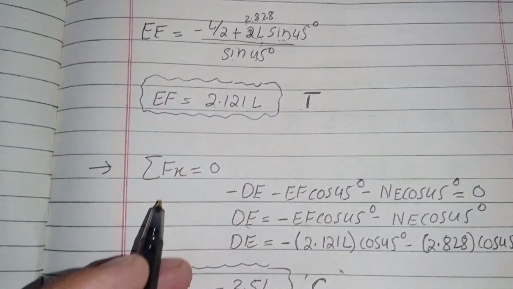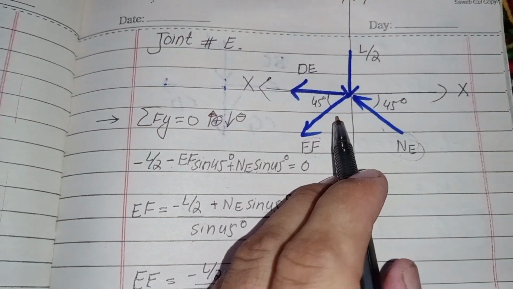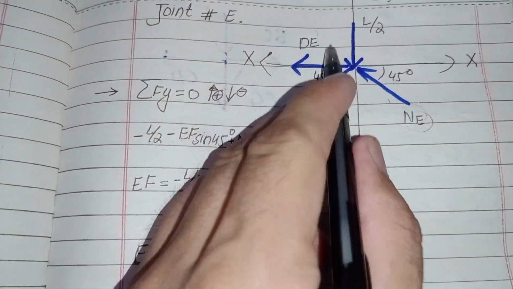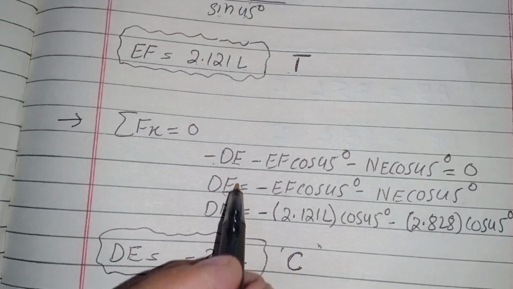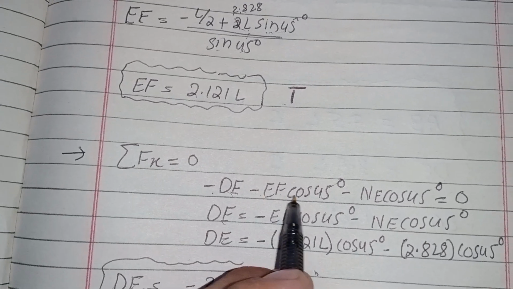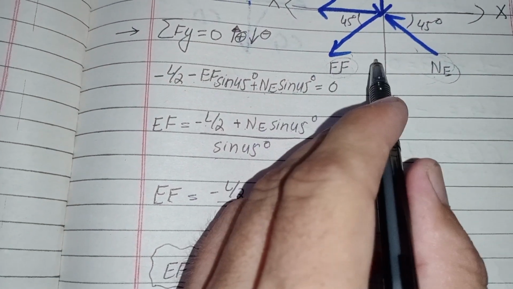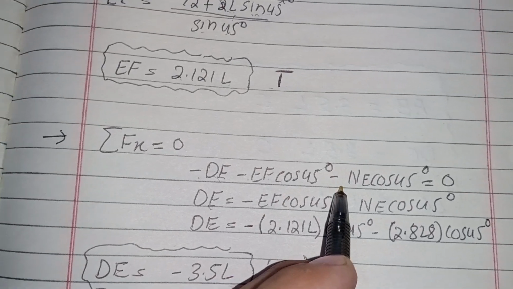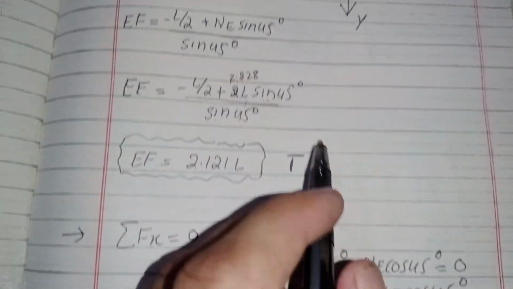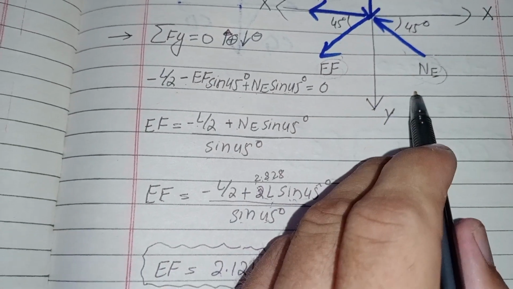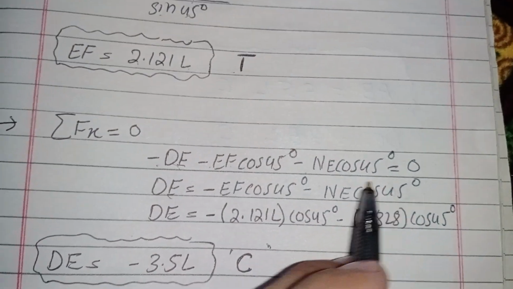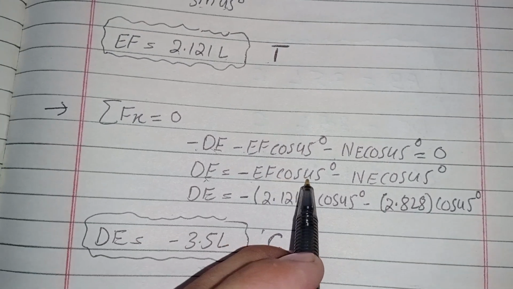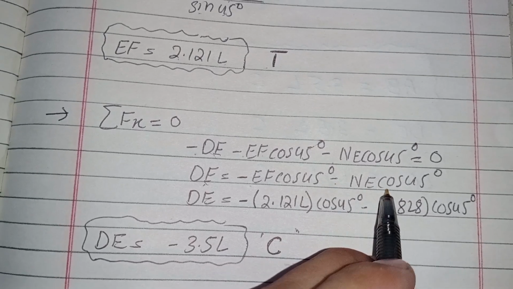Now the summation of all horizontal forces acting on joint E equals 0. So this is negative DE, negative EF cos 45, the horizontal component of EF, and negative NE cos 45, equal to 0. So DE will equal negative EF cos 45 negative NE cos 45.